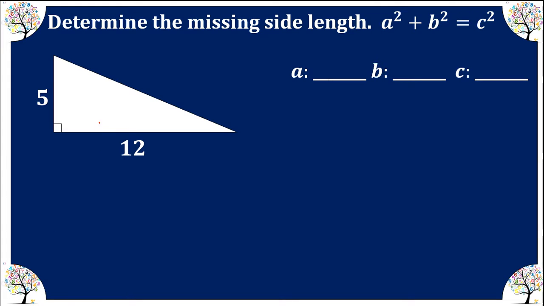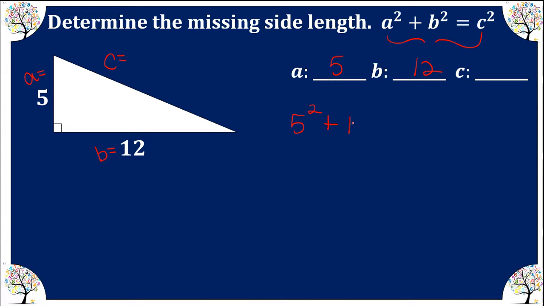Now let's find the missing length using the Pythagorean theorem. We have our two legs. We'll call 5 A, and 12 is our B value. So we have 5 and 12, and we want to know what is the hypotenuse. We take our formula and plug in A and square it.